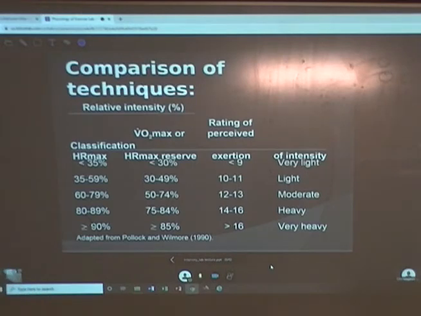Okay, it might be ATP-PC. Good. What's the other option? What's my other anaerobic option? ATP-PC is system 1. What's system 2? Brand, what's system 2? System 2.